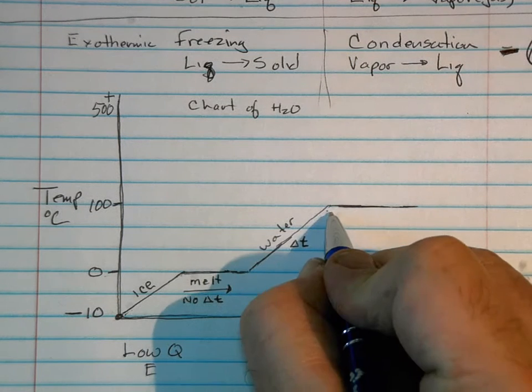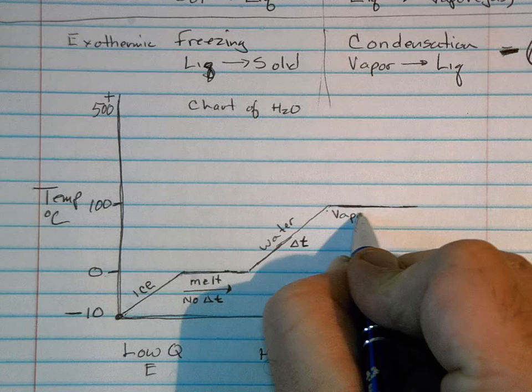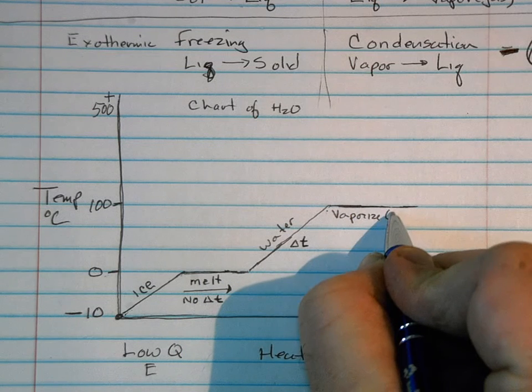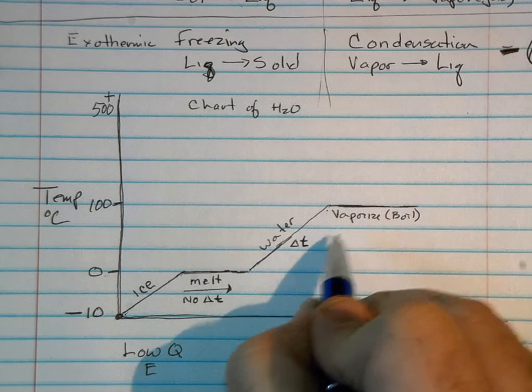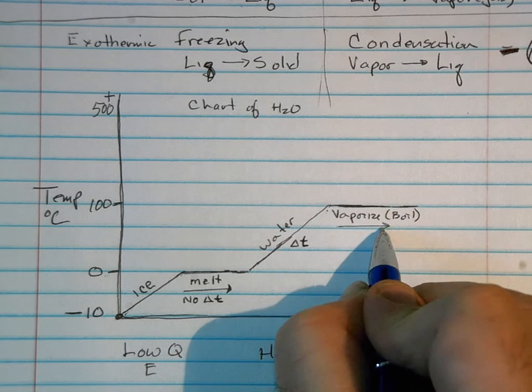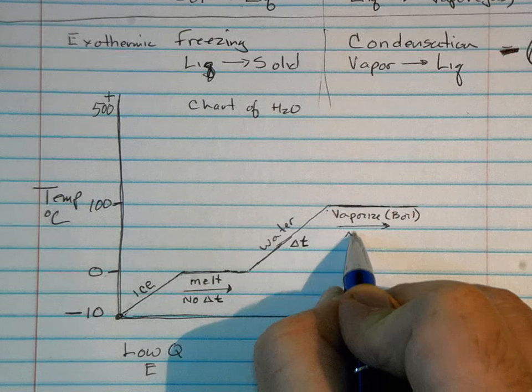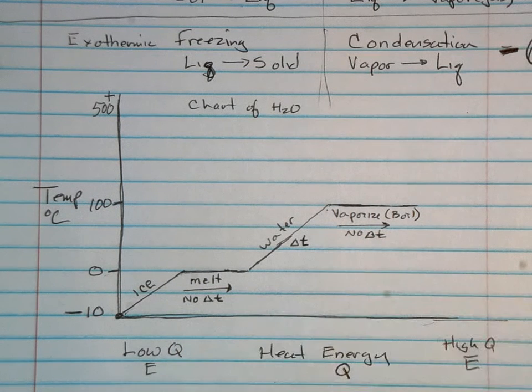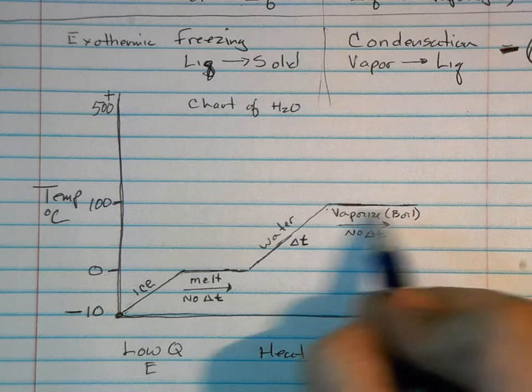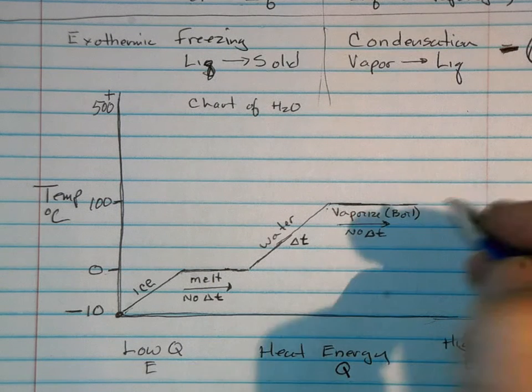I'll put vaporize. If you like, we can put boil. So it begins to vaporize. And I'm going to put an arrow here saying this is the direction that we're moving here. There is no delta T here. We cannot use MCAT right there to solve any problems. We need to use the heat of fusion equations.